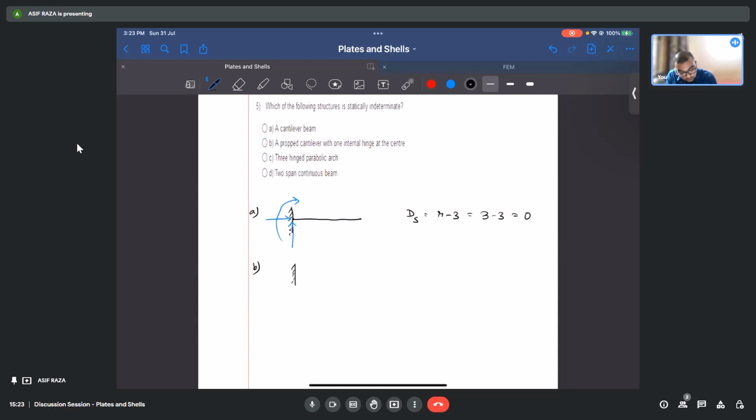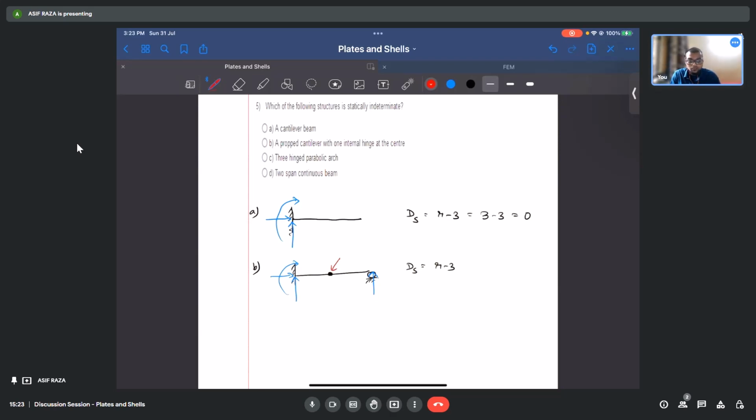Now option B, what is it? We are given a propped cantilever with an internal hinge at the center. In this also we'll have the unknown reactions, with an additional reaction at the propped side. So the degree of indeterminacy will be d is equal to r minus 3, plus we have an additional equilibrium equation, which we get from the hinge.